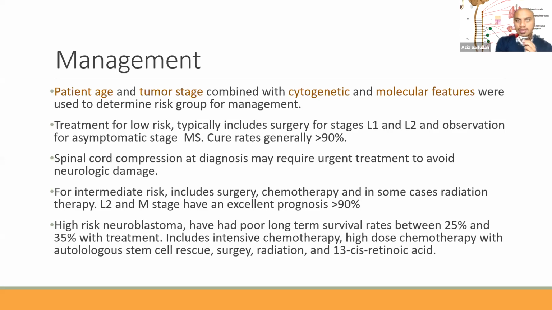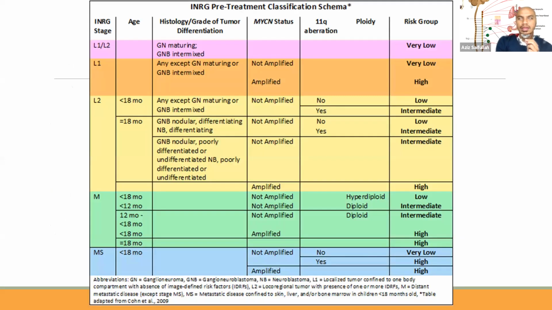So next. These are the international risk group pre-treatment classification scheme. By following this table, we can classify the patient no matter what the age or what the presentation they came with, based on the results from the investigations that we run on the patient.